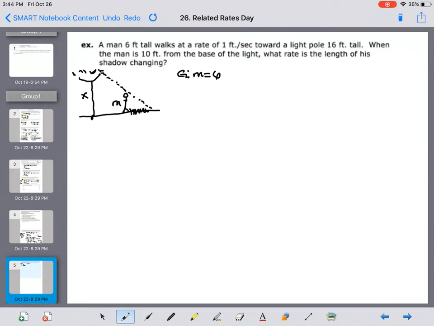So that means that this distance between him and the pole is changing. I'm going to call that A. So we know now that dA dt is equal to -1 foot per second, because he is walking towards the pole, which means A is decreasing. And then the light pole itself, the X, is 16 feet. I forgot the units here, but that's in feet as well.